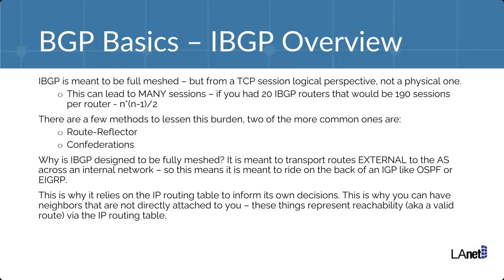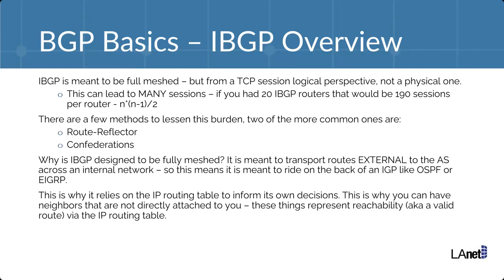Right. You might ask, why do I need IBGP to be fully meshed? That's a great question. We're going to go through an example later on where we realize in enterprises, that's a pretty loose requirement. A lot of times we don't need IBGP to be fully meshed, and we'll go through that in a few slides. But in an ISP, you do. It's really because the whole purpose of IBGP is to transport all these external prefixes to other autonomous systems that might be across my internal network, right?